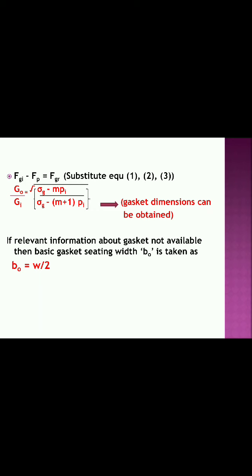So by substituting equations 1, 2, 3 in the equation FGI minus FP is equal to FGR, you'll have the value GO upon GI is equal to under root of (sigma G minus M Pi) upon (sigma G minus (M plus 1) Pi). If relevant information about the gasket is not available, then basic gasket width is to be taken as B0 is equal to W upon 2.